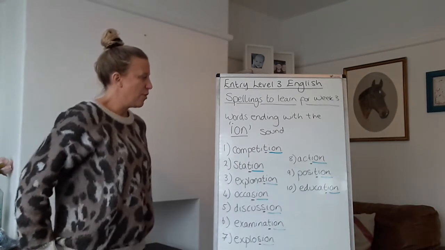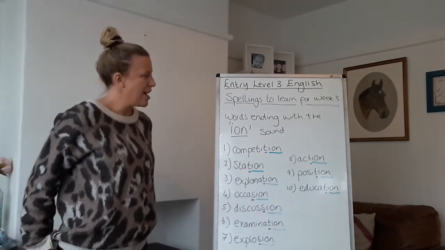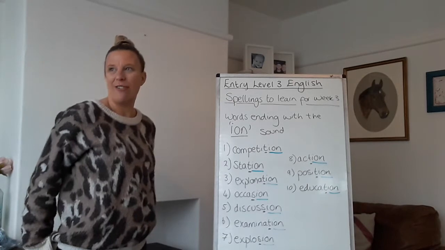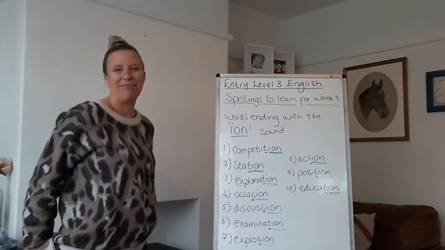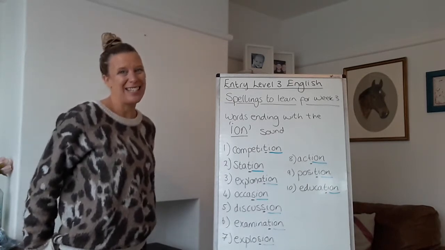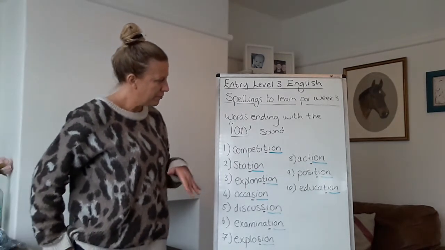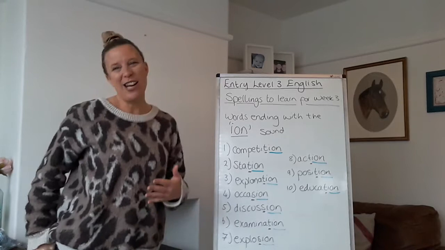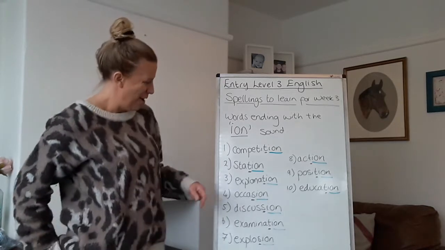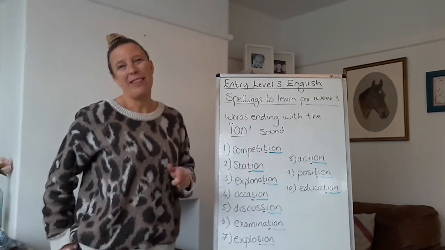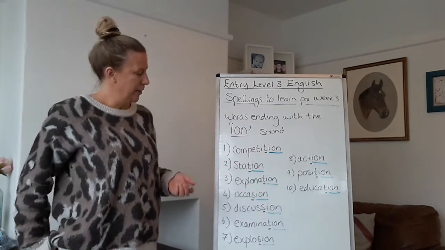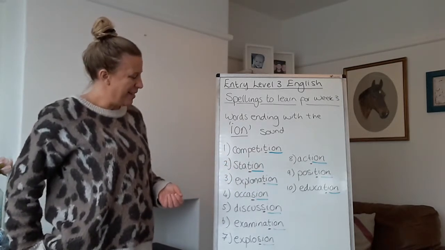Some of them have S before the I-O-N, some of them have T before the I-O-N. So all these words end with I-O-N, the shun sound, and that could be T or it could be S. I've got 10 words here that I want you to learn, and there's no easy way to do it. There are more with T-I-O-N than there are S-I-O-N, but there's no easy way really.